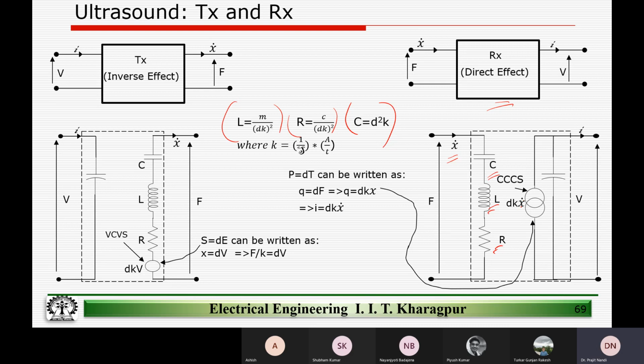And why is it dkx dot? Just like here I had written dkv. This came from the fundamental strain equation relating strain to the electric field, S equal to dE. Similarly, for the direct effect, we know the polarization P is proportional to the stress that we apply across the piezoelectric crystal.